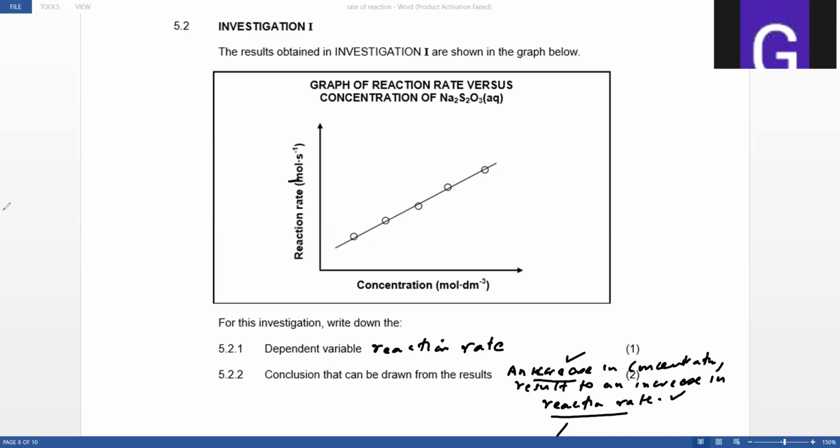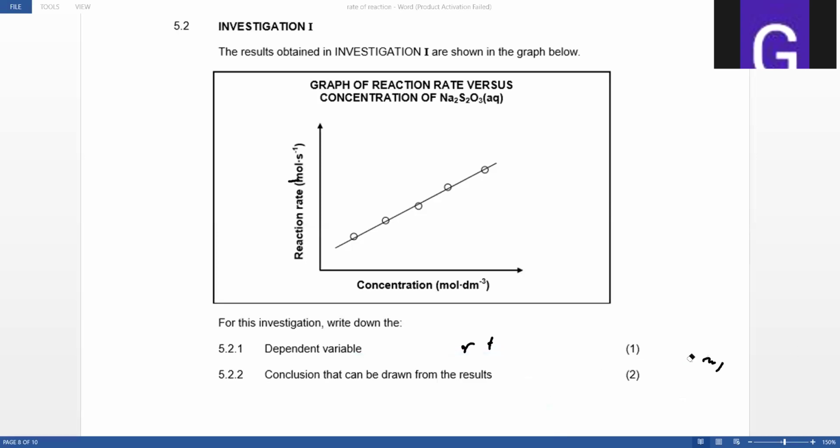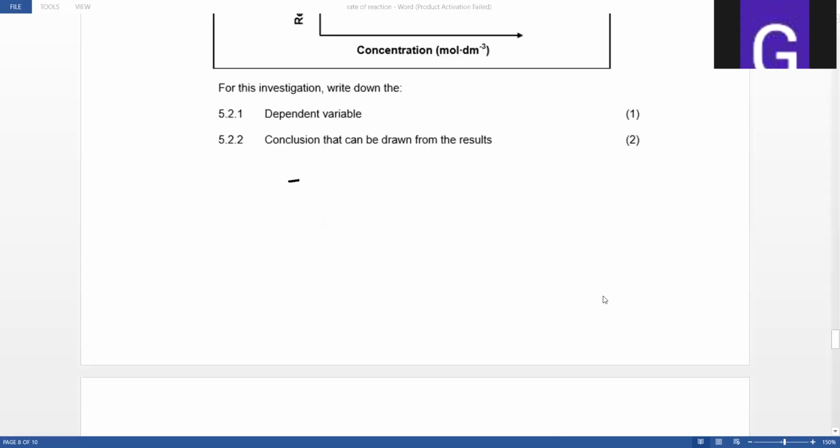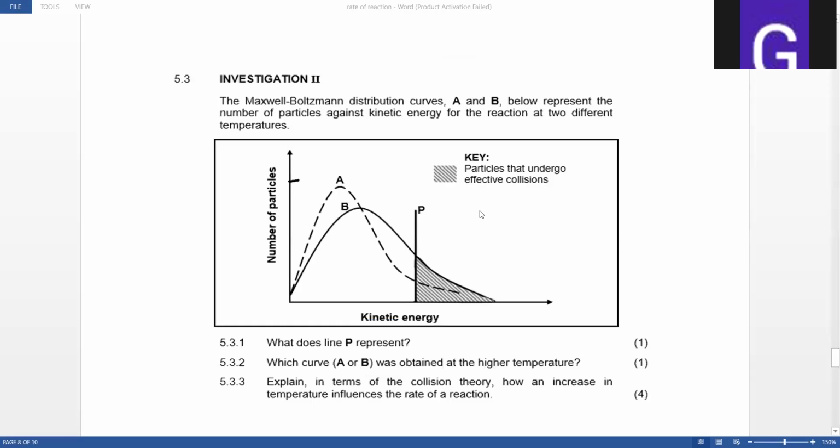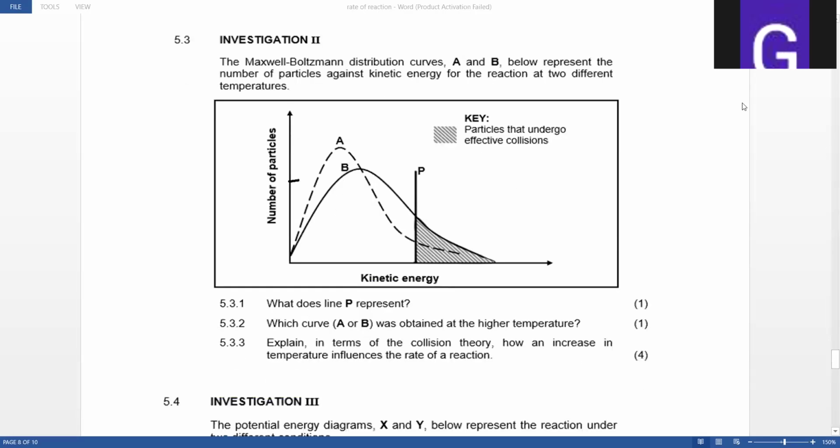Now, let us continue. Investigation 2. The Maxwell-Boltzmann distribution curves A and B below represent the number of particles on the y-axis and the kinetic energy on the x-axis. I think I spoke about this.